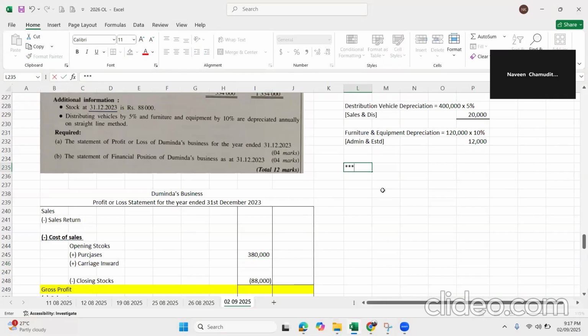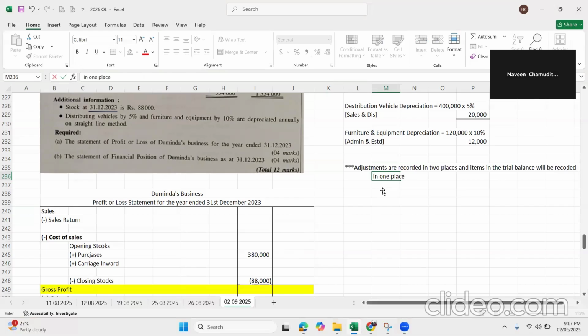Very important point. Adjustments are recorded in two places, and items in the trial balance will be recorded in one place.